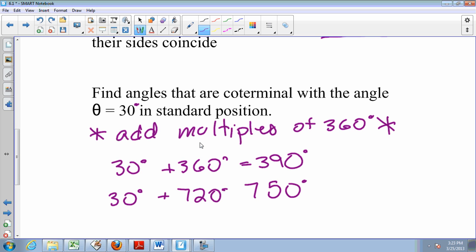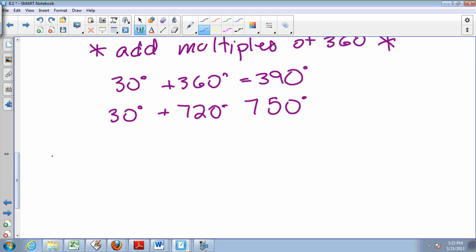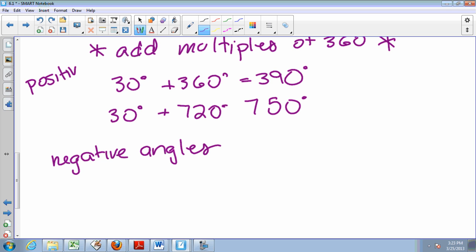We could also find the negative angles. What we just found were the positive ones. For negative angles we subtract multiples of 360.